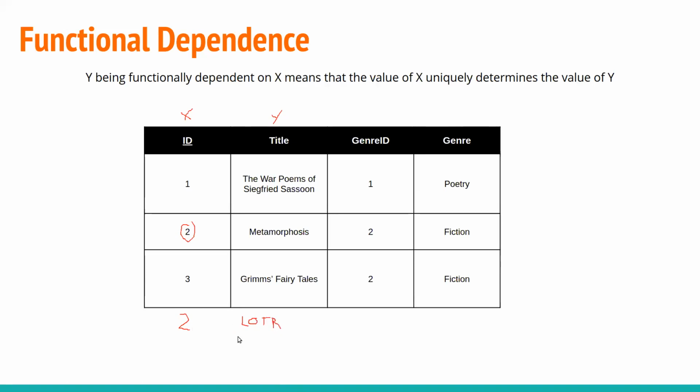Now it's no longer functionally dependent, because when the ID is 2, we don't know what the title is. If it was still Metamorphosis, then that would be okay. Picture if I wrote Metamorphosis there, then it would be fine. We would still have functional dependence.